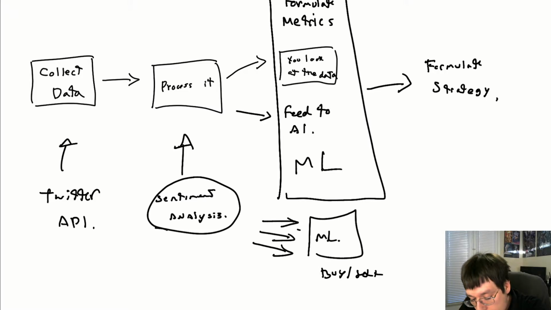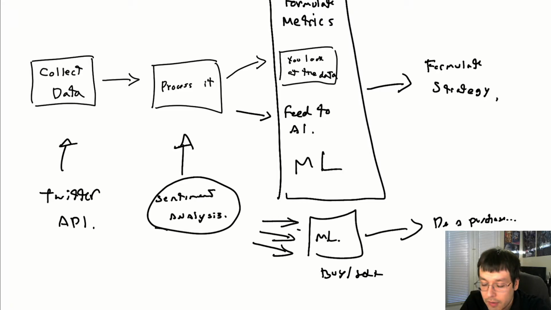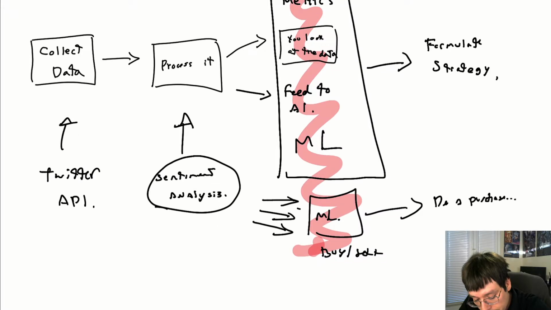Okay, and then your formulated strategy in this case is literally going to be just do a purchase order or do a sell, short the stock or go long on the stock, puts or options, whatever. So this could all be automated potentially, but it doesn't have to be, okay? But really what we are interested in right now is this, okay?